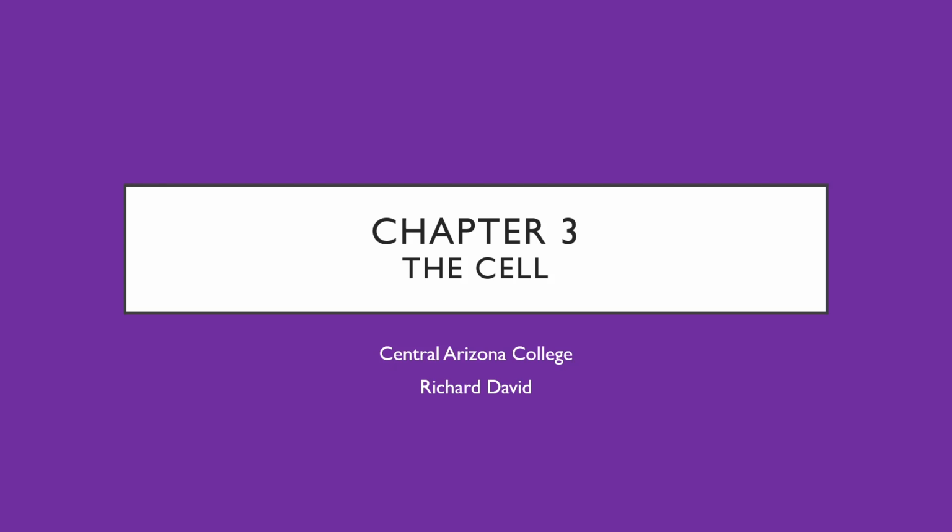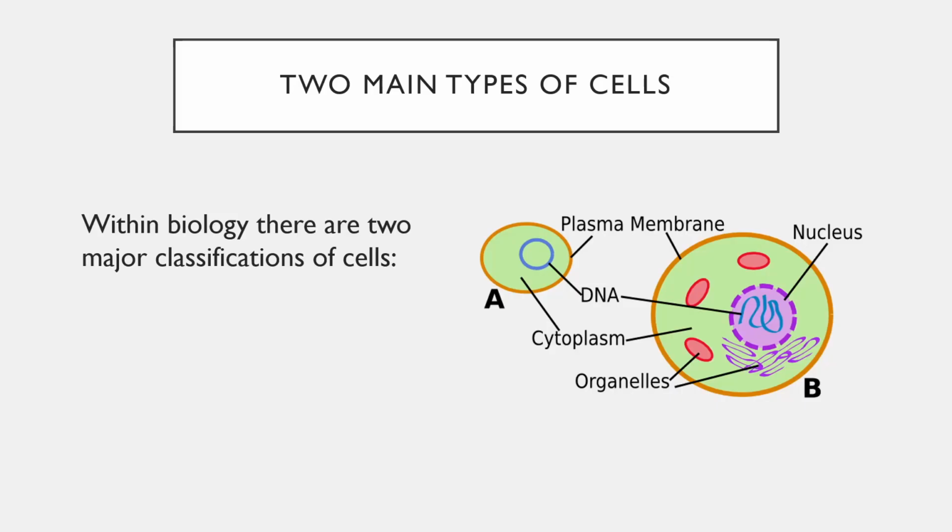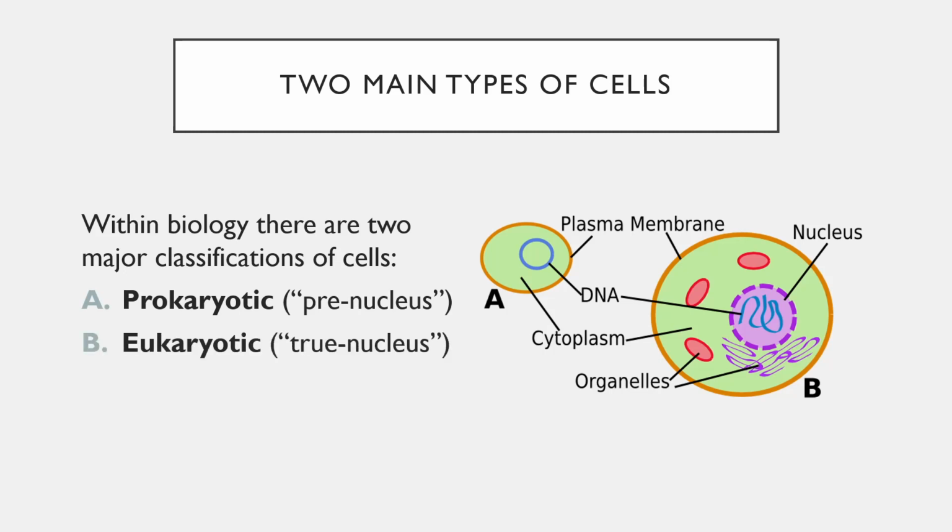As we have this discussion, we're going to separate it into two different parts based upon the two different types of cells that are recognized by biologists. You probably remember from a prerequisite course that you've taken that there are two major classifications of cells in the living world: prokaryotic cells, or ones that lack a nucleus, and eukaryotic cells, which are ones that have a nucleus.